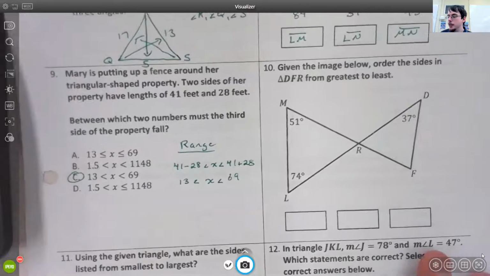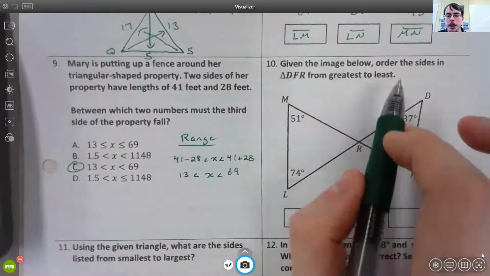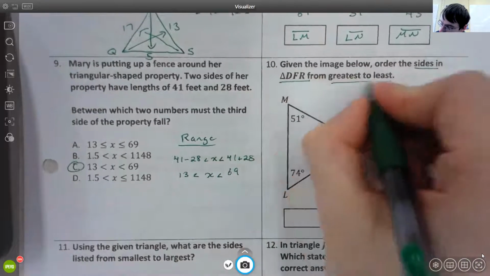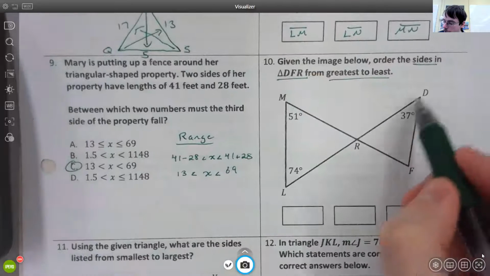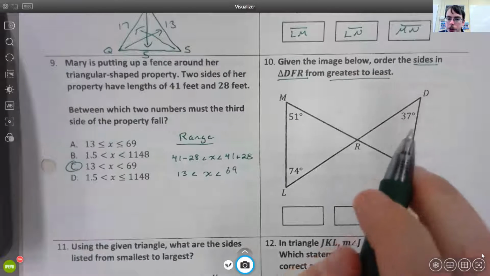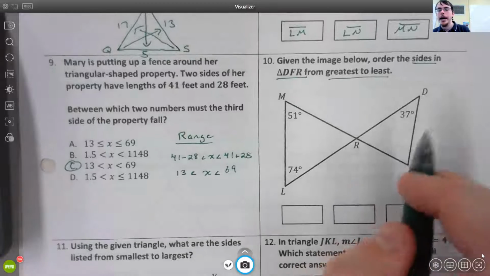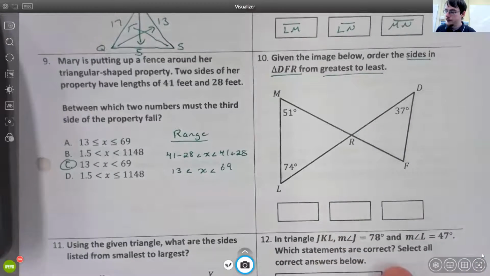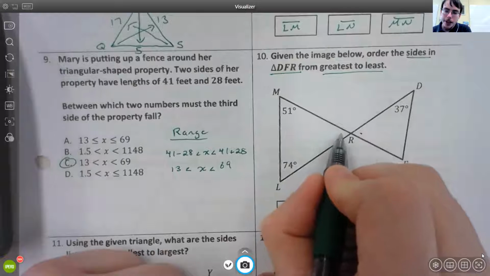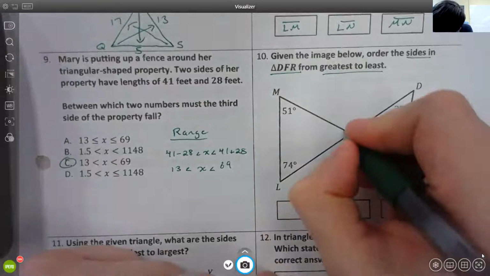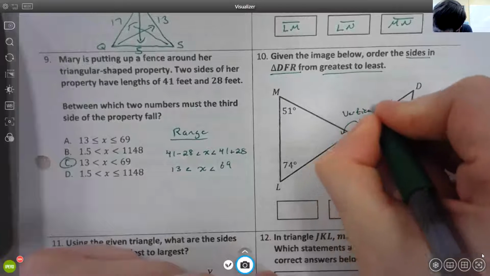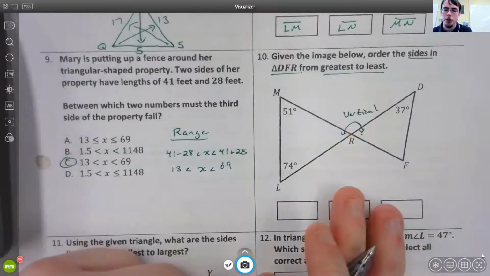All right, number 10, given the image below, order the sides in triangle DFR from greatest to least. So we're looking at this triangle. Well, the first thing we need to do is figure out the missing angles so we can order it. So to find this angle, we need to find this angle, because remember, these two here are vertical angles, which means they're congruent.